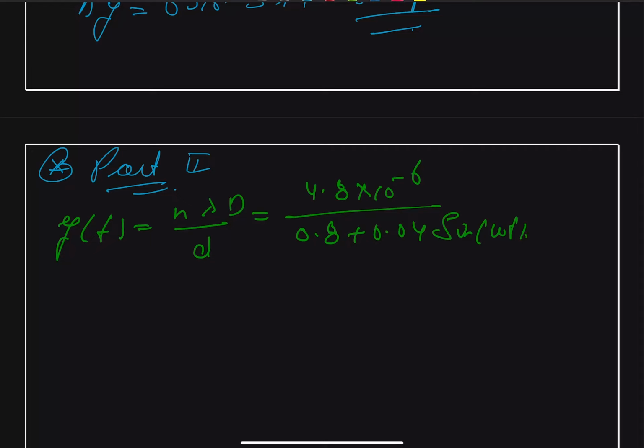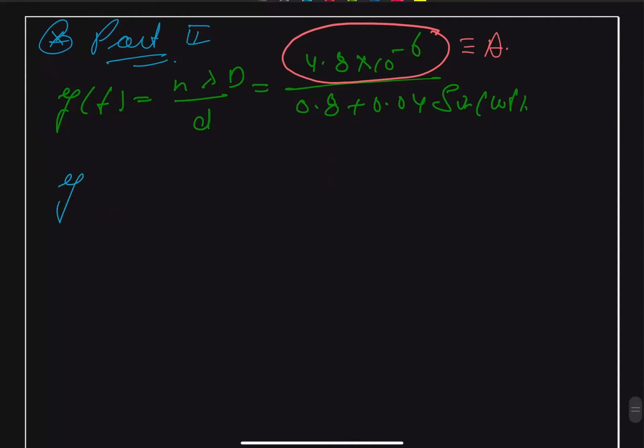For the sake of convenience, let us assume that this factor is represented as a. So y of t is equal to a divided by 0.8 plus 0.04 sine of omega t. We are interested in the velocity, so we can just differentiate it.